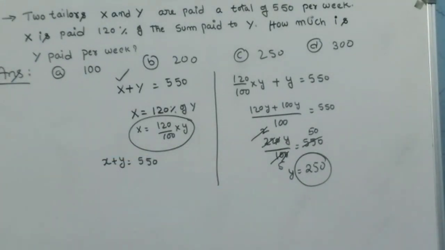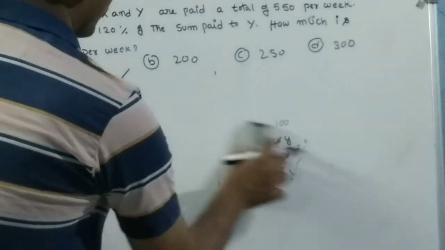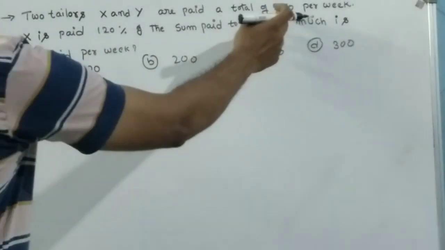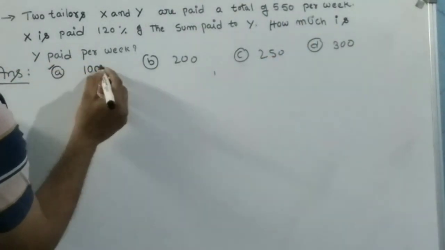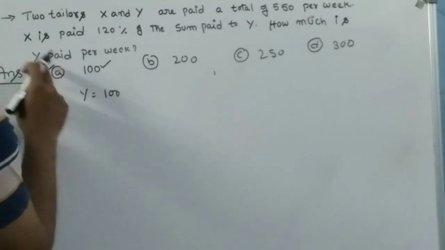Sometimes we will directly get the answer from the answer section. See friends, totally 550 per week. Suppose you think that this is the answer, that means Y equal to 100. What he has given?